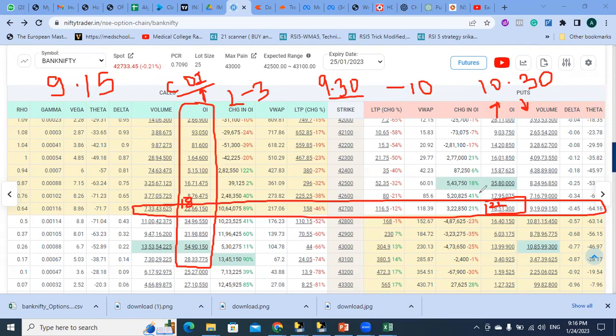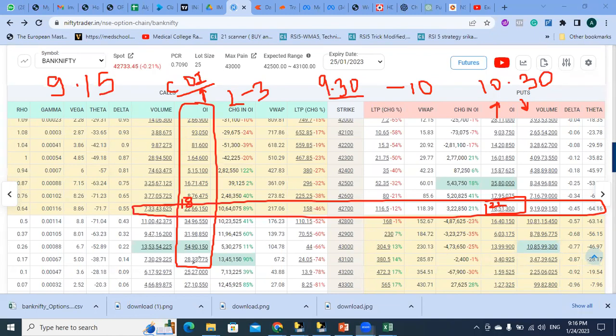It means the people who are trying to keep Bank Nifty above 40,700 are becoming stronger. So the market is likely to go up. So if call OI is increasing, then the market is likely to go down. If the put OI is increasing, then the market is likely to go up.